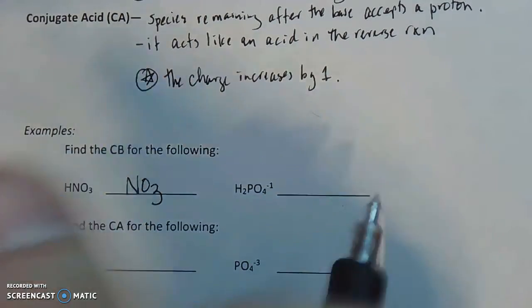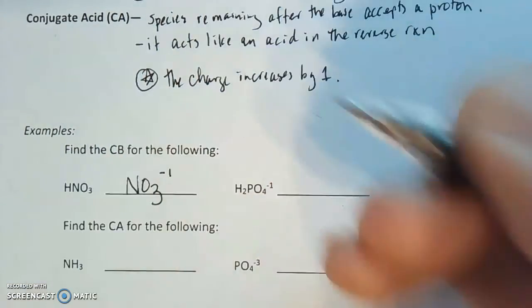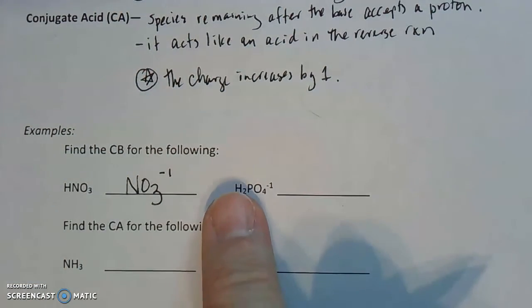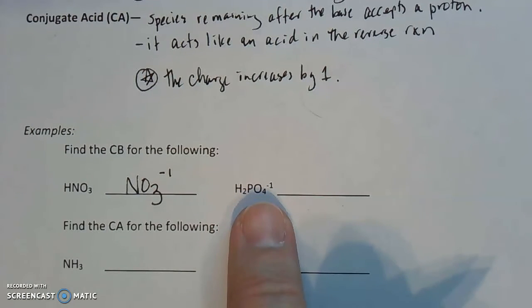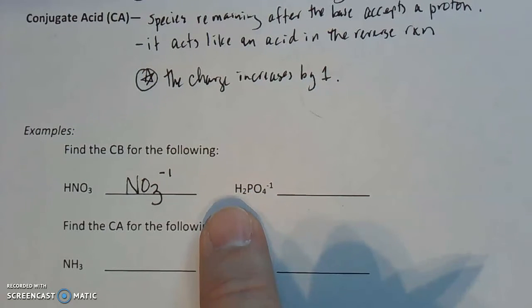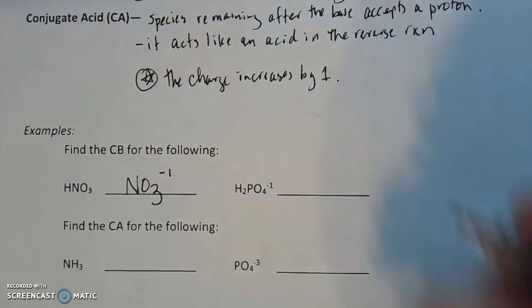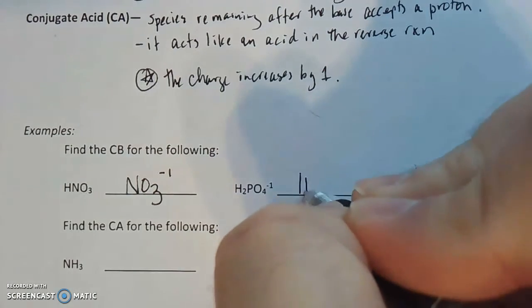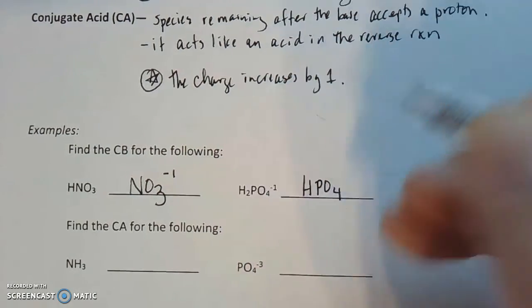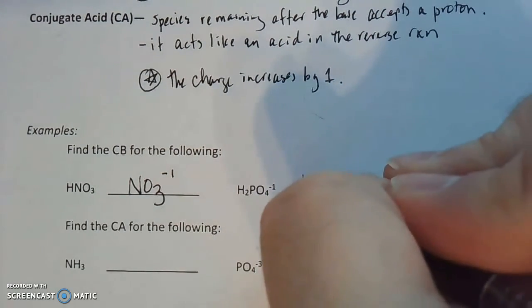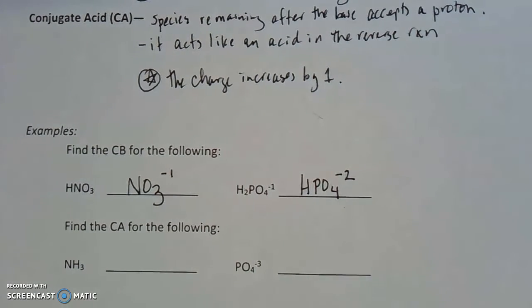This charge was 0, so it becomes -1. H2PO4- would have a conjugate base, so the number of H's decreases by 1, so we end up with HPO4, and the charge decreases by 1, so it is now -2.